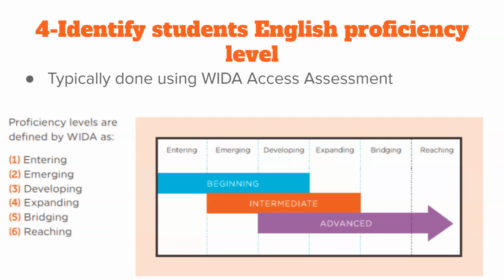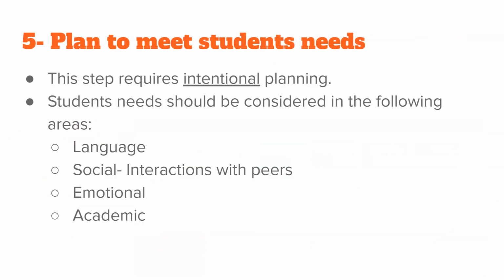And when the work that they're doing is developmentally appropriate, then they are growing. So if a student was at an expanding level, level 4, you wouldn't want to be asking them yes and no questions. They're not growing. You would be wanting to work on those bridging skills with them. So it's really important that you are aware of their English proficiency level.